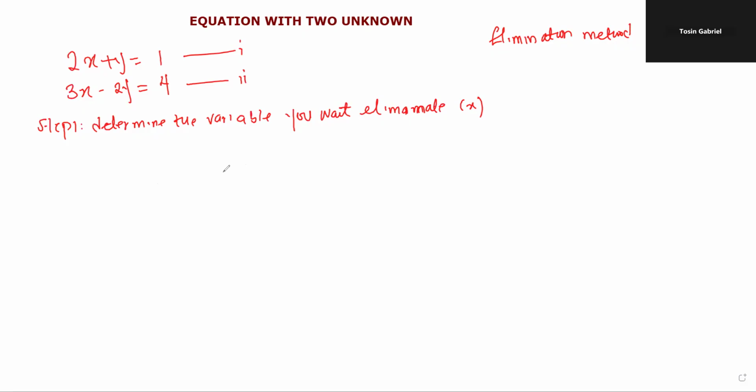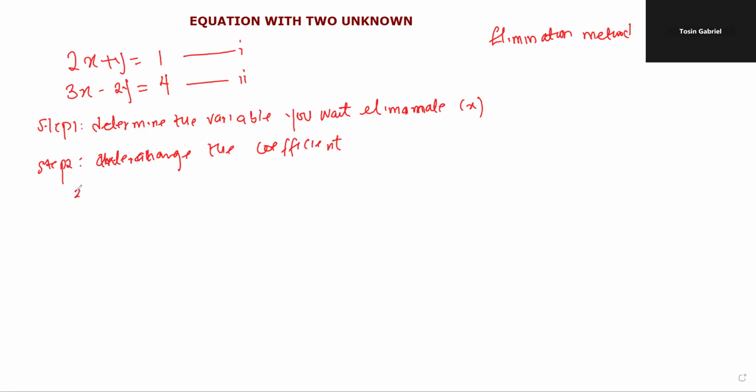You determine whether it has the same coefficient. As you can see, in equation 1 the coefficient of x is 2 and in equation 2 the coefficient of x is 3, which makes it unequal. So what you can do in step 2 is to interchange the coefficients, or you make it even.